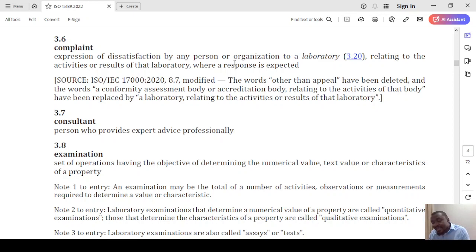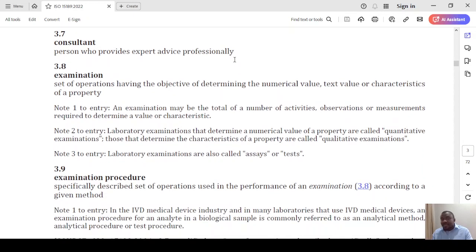And the key thing here is that if somebody complains, you're supposed to respond to their complaint. Very many people fall short and they get non-conformities in their complaint resolution process. They get a complaint. So a patient comes and complains, I came yesterday night, there was no person in the lab, and yet you guys say you are a 24-hour lab.